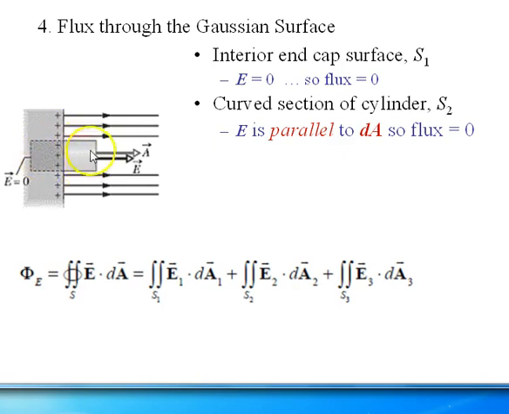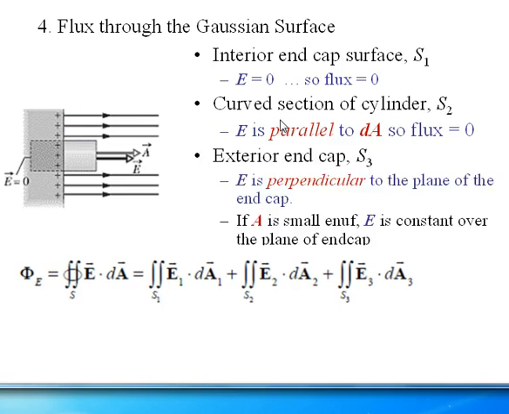We just have electric field out in this portion. But the area vector, our dA, is pointing radially away, and it's going to be everywhere perpendicular to our electric field. So our dot product, E dot dA, gives us a 0.